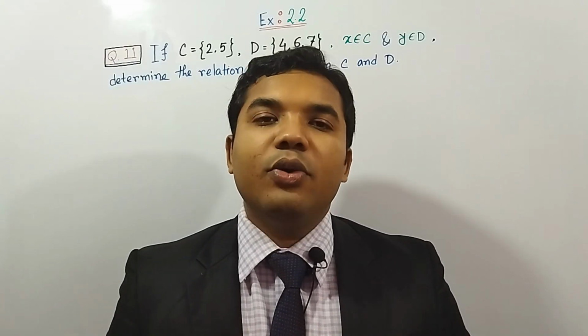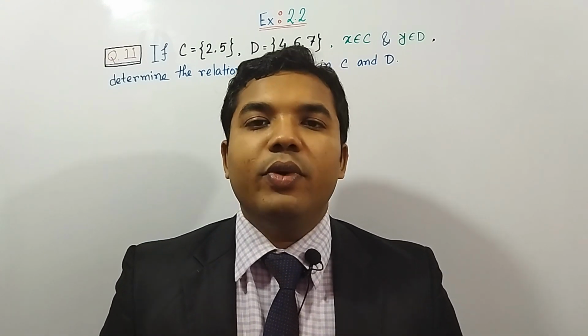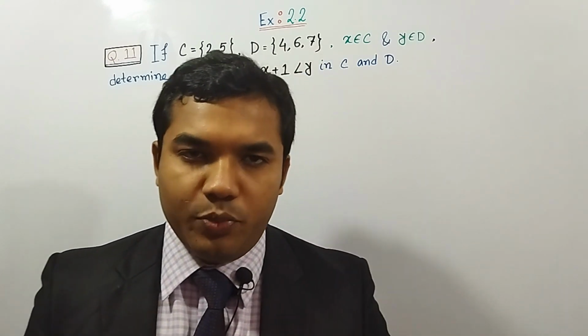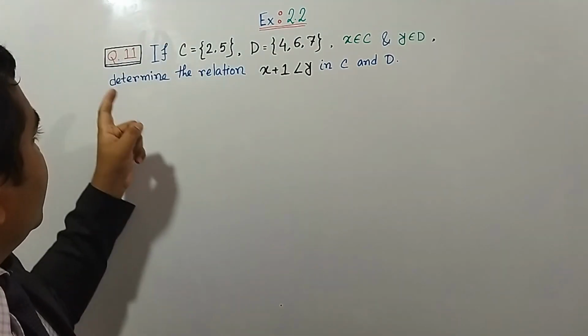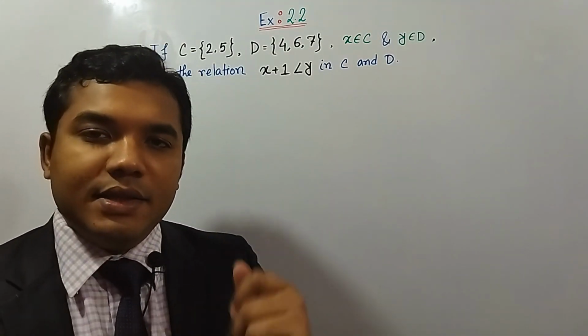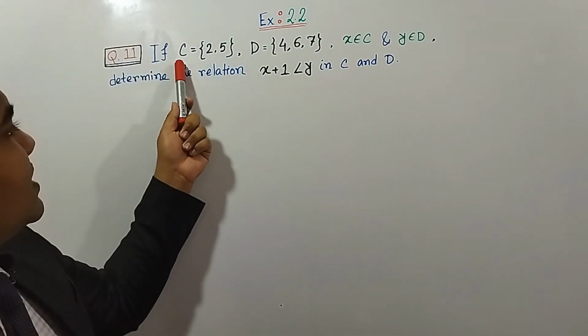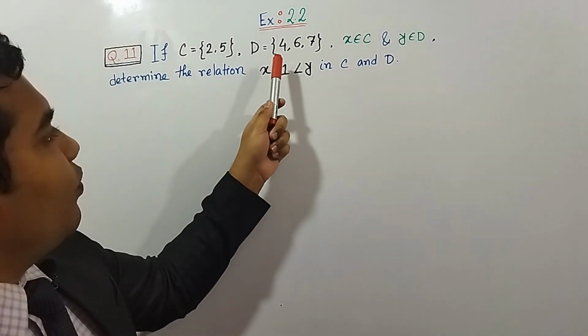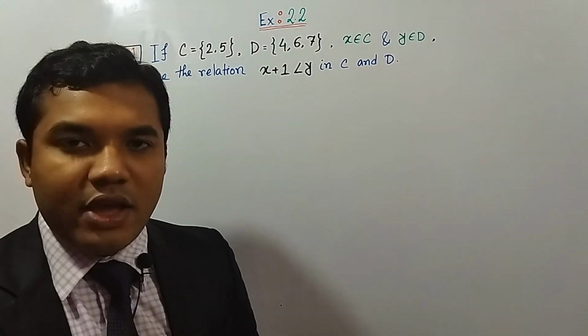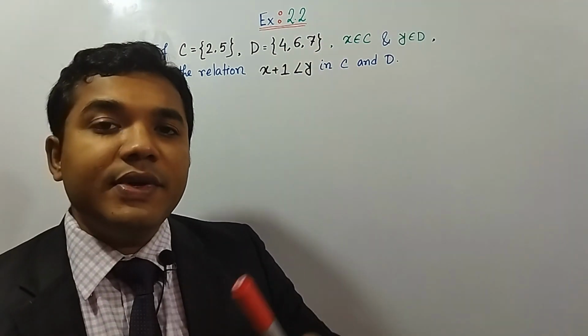So dear students, according to our lesson plan, today we are going to discuss chapter 2.2, and our first mathematical problem is question number 11. This question says that if C = {2, 5} and D = {4, 6, 7} are sets, two conditions are given.